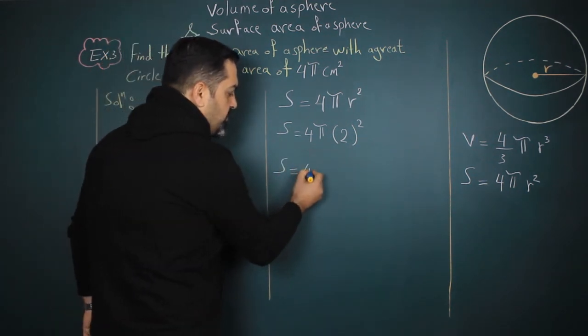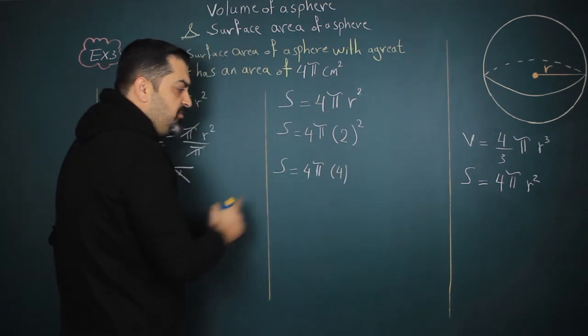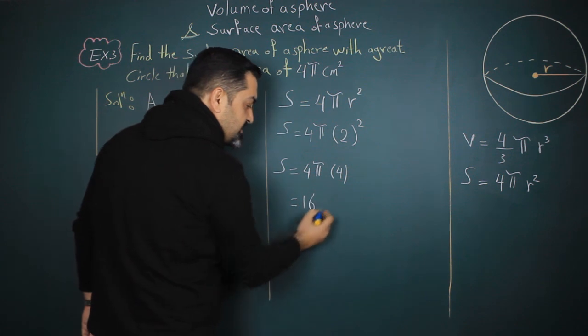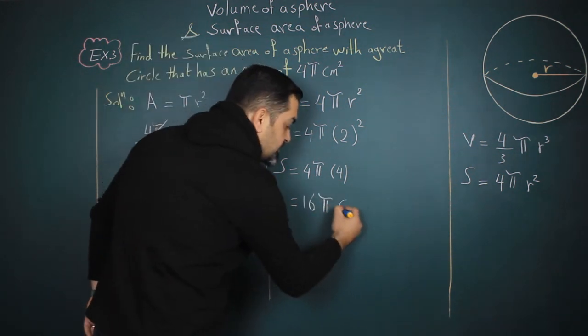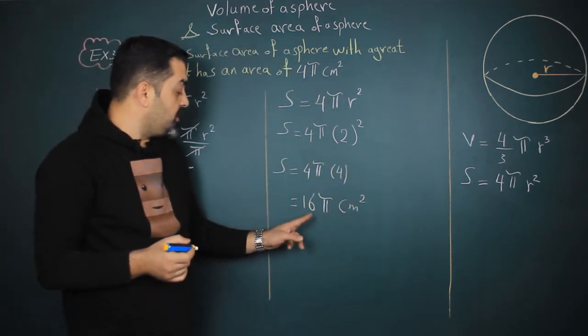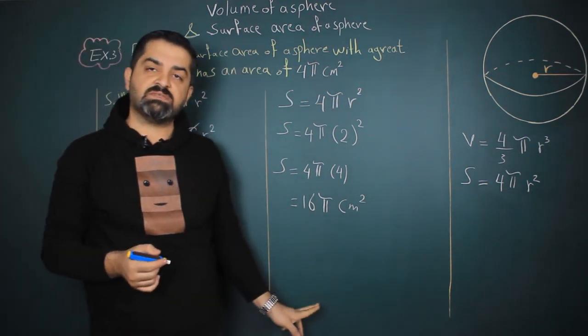S is equal to 4 pi times 4. If you multiply 4 by 4, it is 16 pi, and the unit is centimeter squared. So this is the answer for the surface area of a sphere.